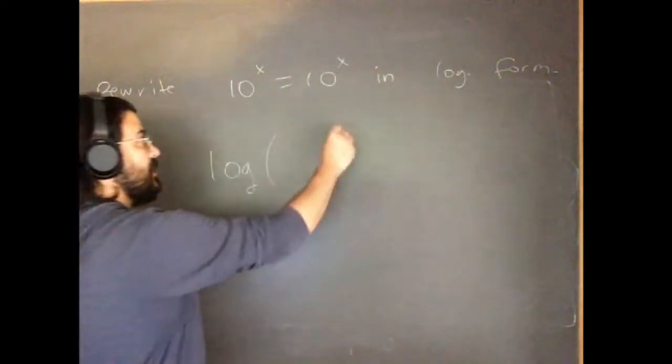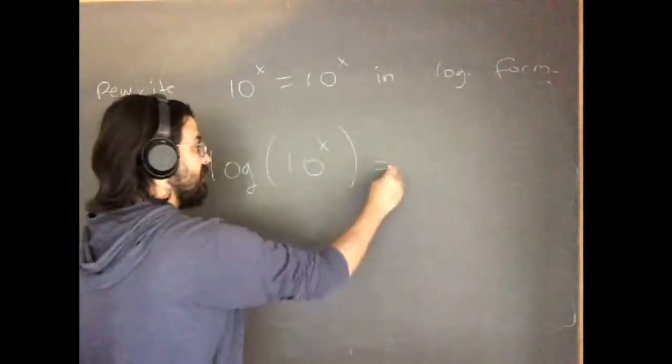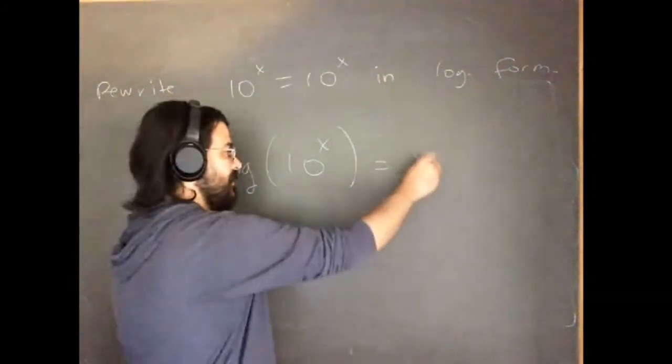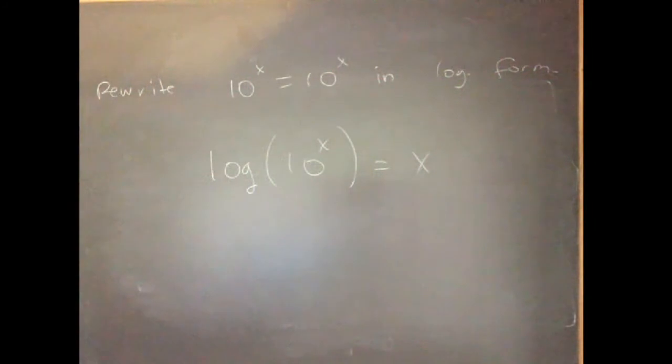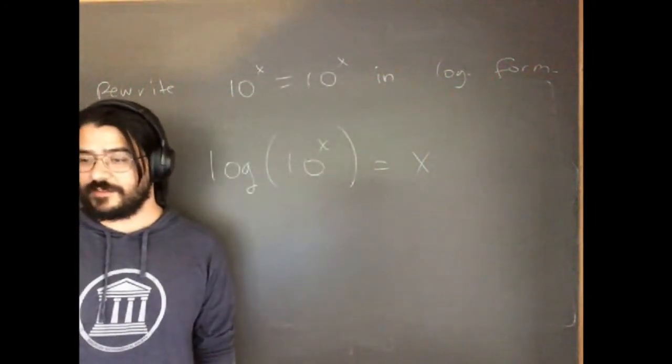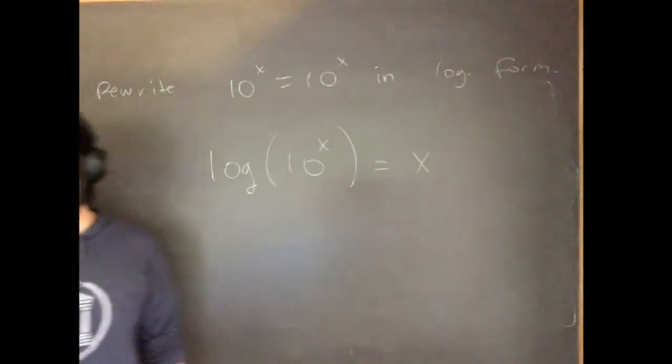So our input in this case would be 10 to the x. And what would be the output? Just x, right? Because the exponent here is x. Doesn't matter which one you picked for the one that you were converting. The exponent was always x, right? So that's what you're going to get as output.